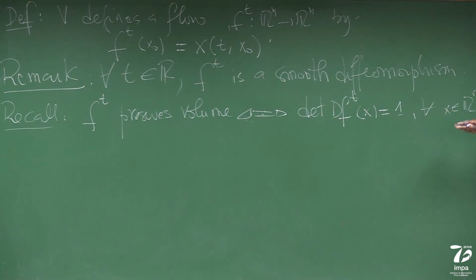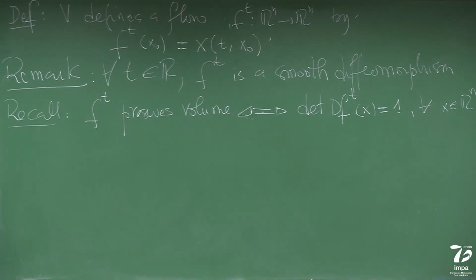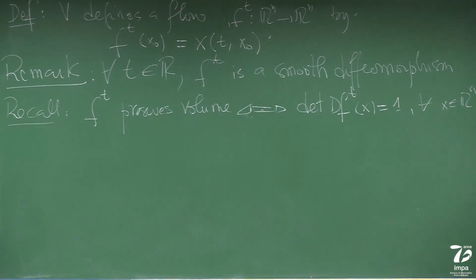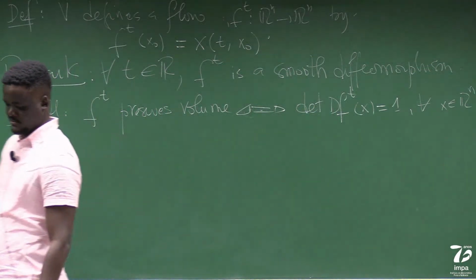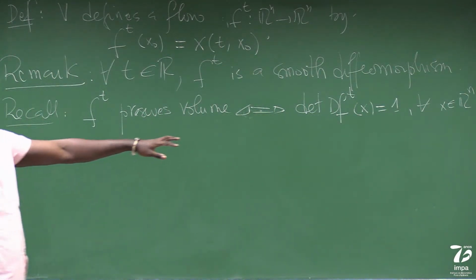But usually this condition on the determinant is not easy to check in general. But thanks to Liouville's Formula, you can express this as a divergence of the vector field.